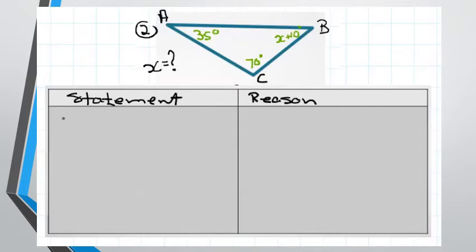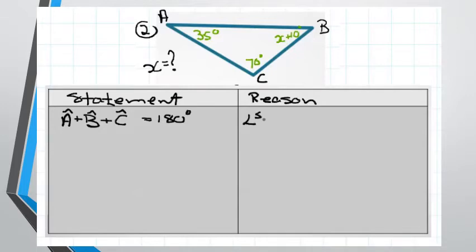So I'm going to say angle A plus angle B plus angle C must equal 180 degrees. And here the reason.